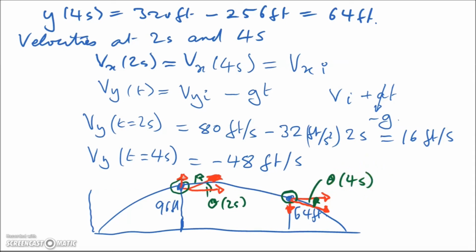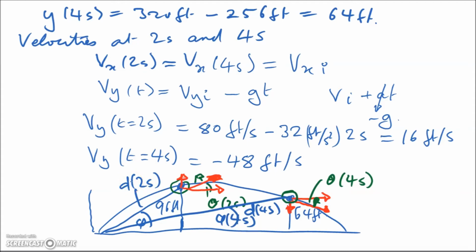Similarly, we're being asked to find the displacements, and the displacement is given by a distance d and an angle, and just for variety I'll call the angle phi, and we will have a separate, although this is going to get very messy, displacement with a distance d at 4 seconds and an angle phi at 4 seconds.